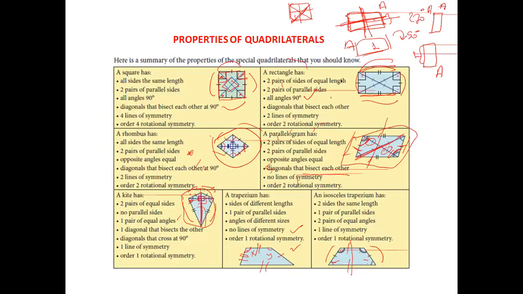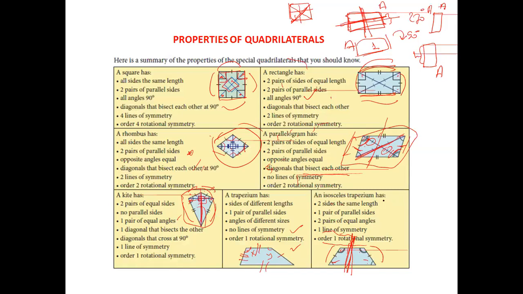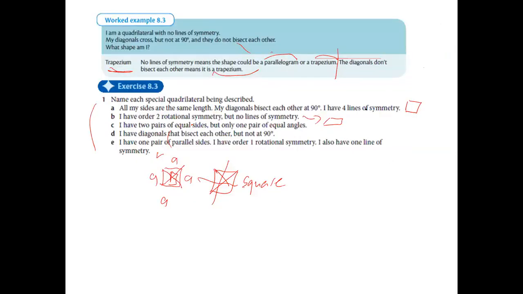If you remember, it is an isosceles trapezoid because it has only one line of symmetry and only order 1 rotational symmetry. What was the question? I have only one pair of parallel lines. Yes, it has only one pair of parallel lines, as you see. And so that's why it's an isosceles trapezoid.